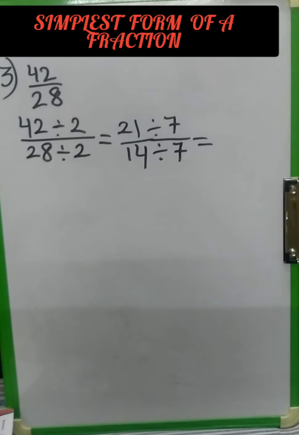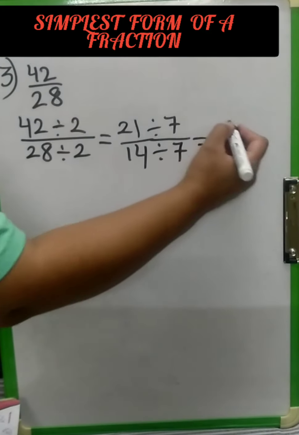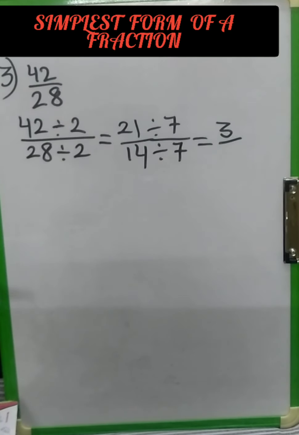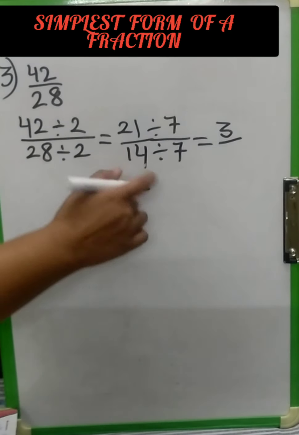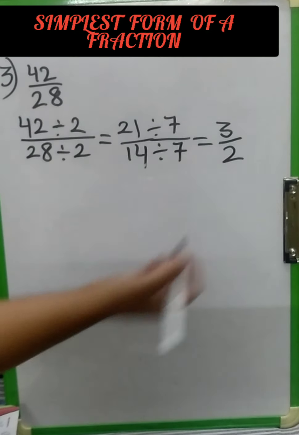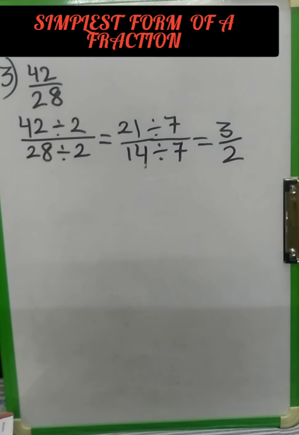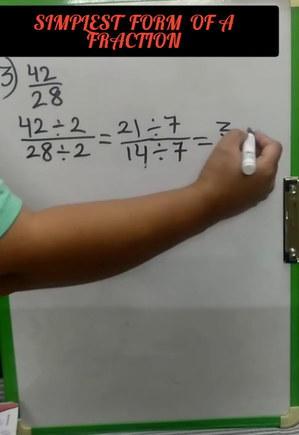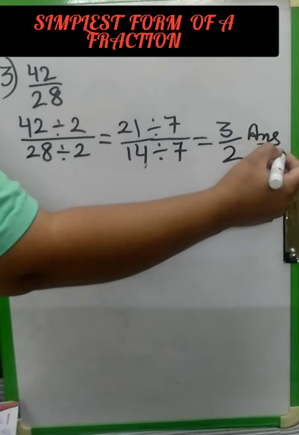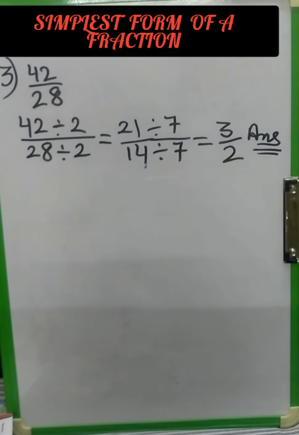So 21 divided by 7 I will get 3, and 14 divided by 7, what will I get? 2. Now just see, can we have one more common factor in 3 and 2 other than 1? No, we don't have any other common factor. So 3 by 2 will be our answer. This is the simplest form.